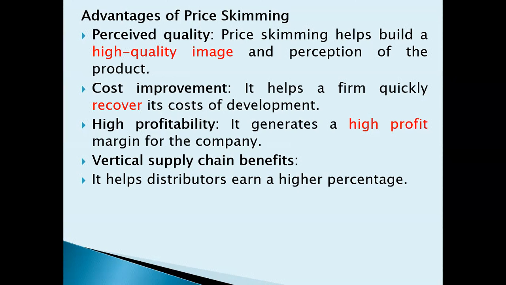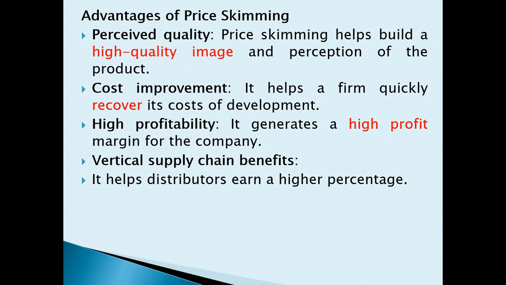And vertical supply chain benefits means what, it helps distributors to earn a higher percentage. मैं price अगर बढ़ाऊंगा तो with respect to this, again I will give more discounts and more incentives to my distributors, because my channel partners are there who are helping me for the price skimming. Okay, so you will also use this.